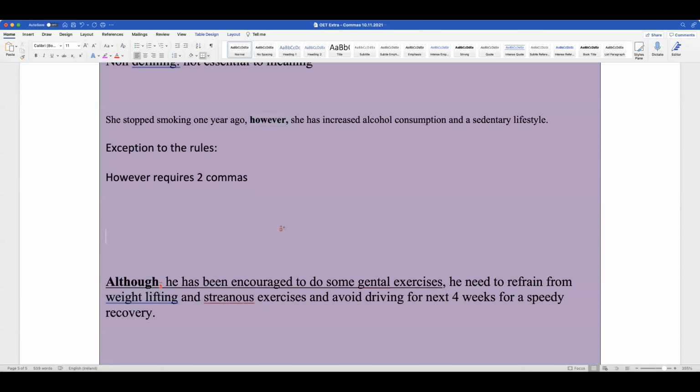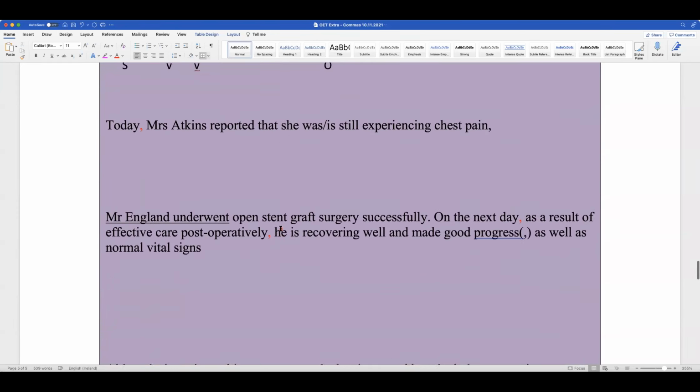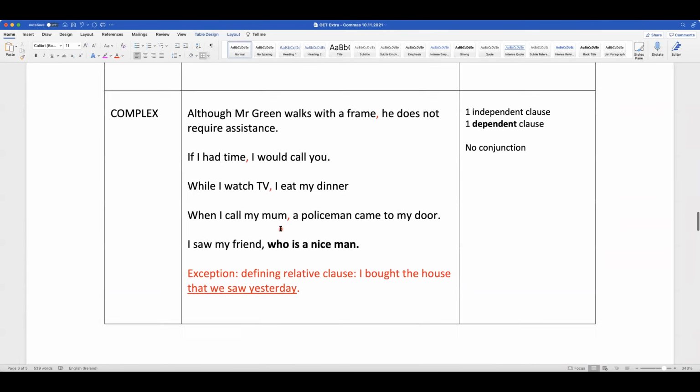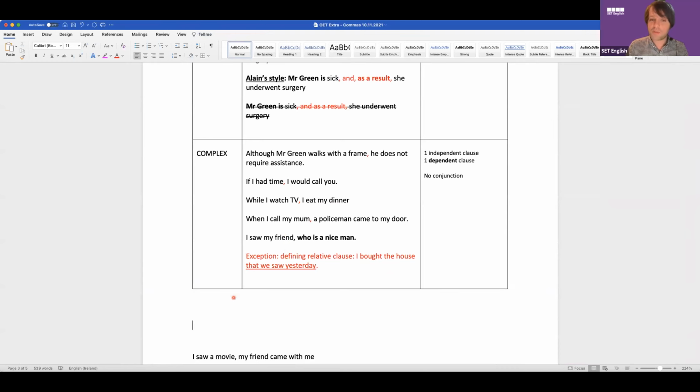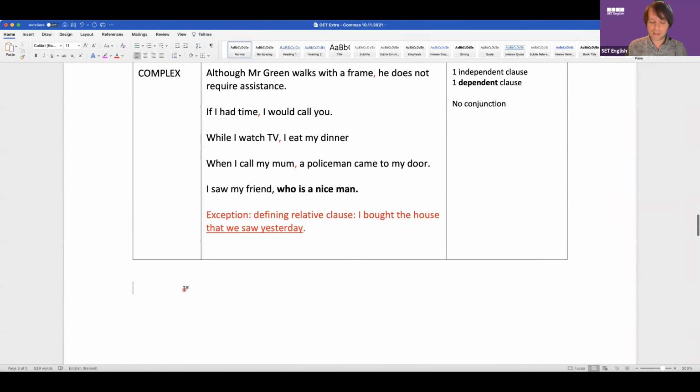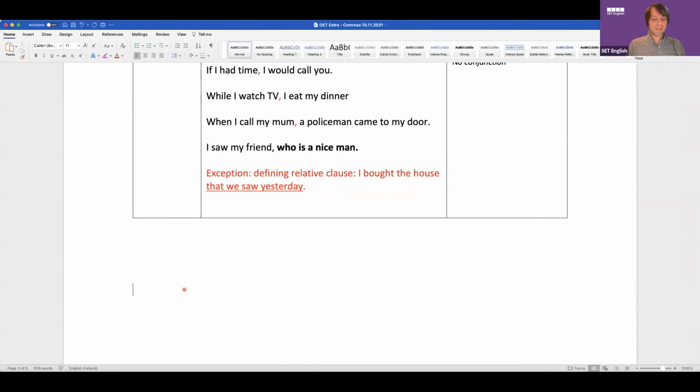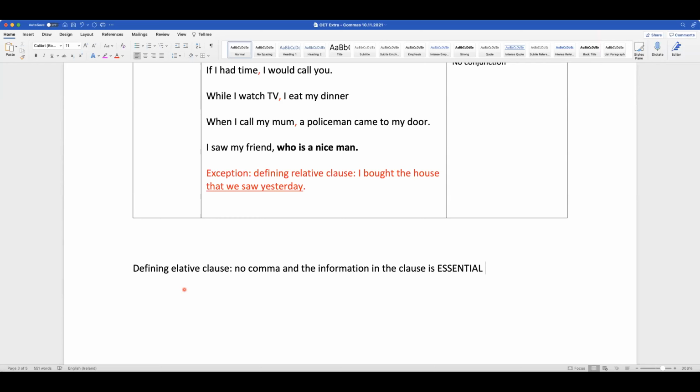Furkan. Can I ask a question? Yes, Ali, go on. I don't understand what's the difference between defining and non-defining relative clause. Okay, I'll do my best with this, but this is one where Paul will teach a full class on it. It gets really complicated because it's to do with the context. But can anyone help me to explain this in a simple way? A defining relative clause has no comma, and the information in the clause is important, essential in some way.